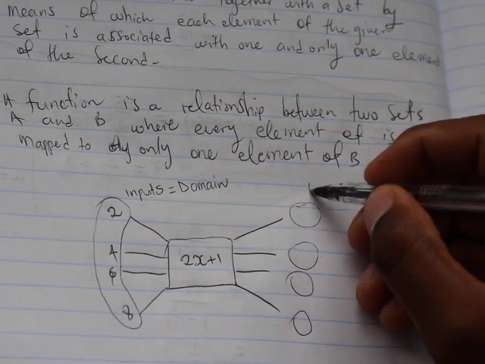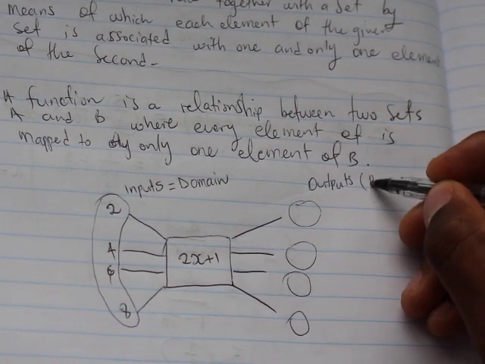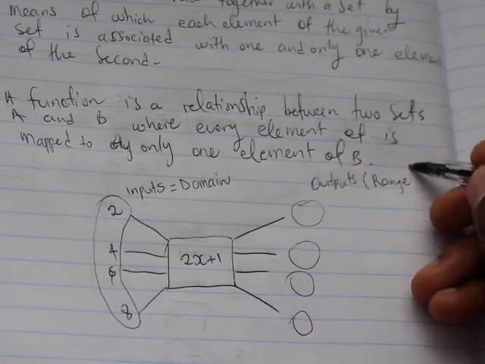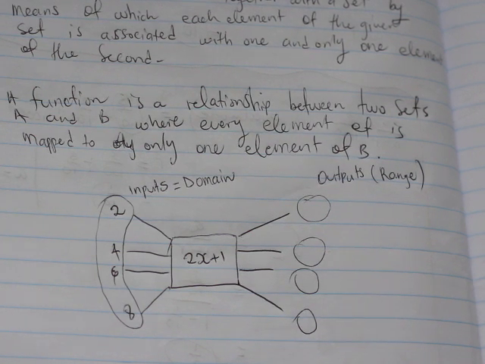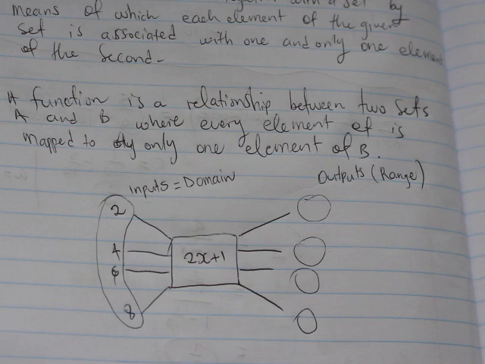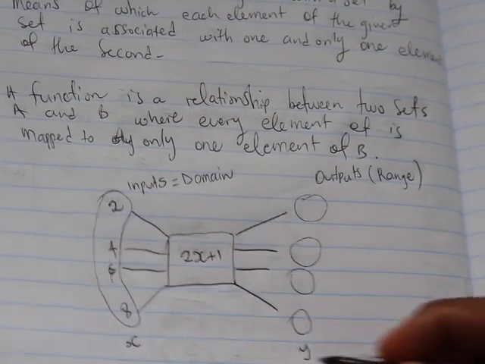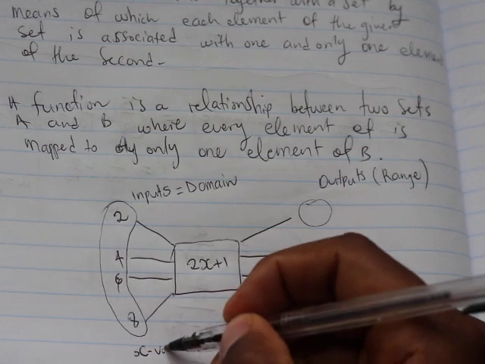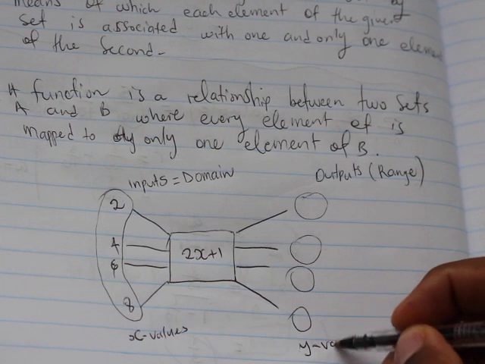So these are the outputs, or the range. Do you get what I'm saying? So now we know that these represent the x values, these represent the y values.